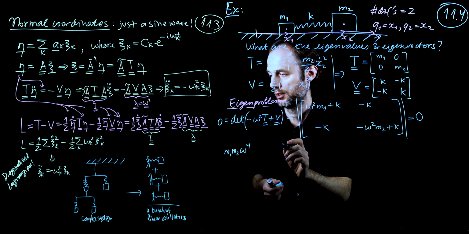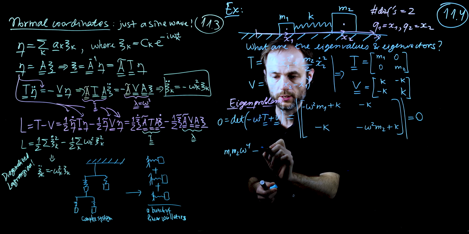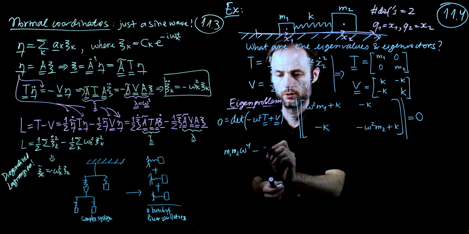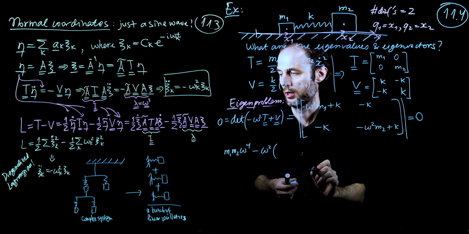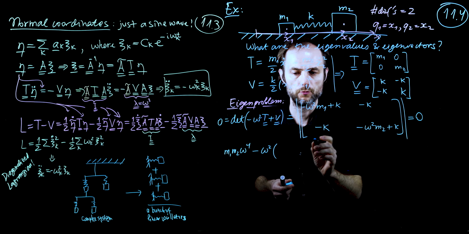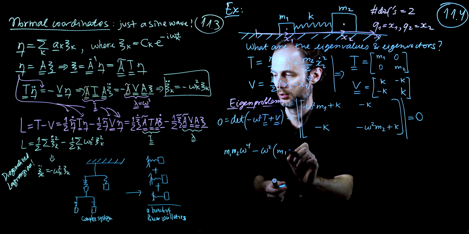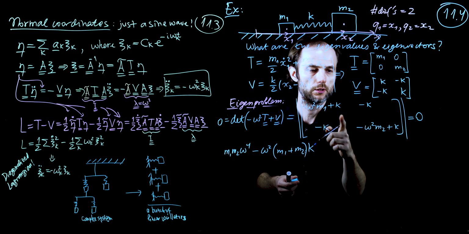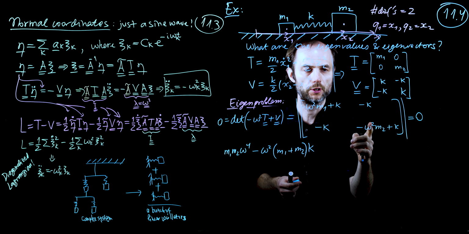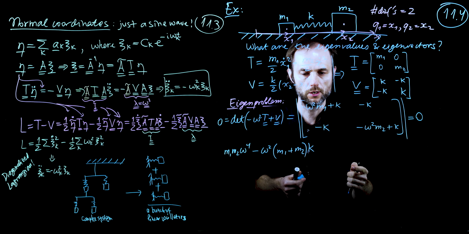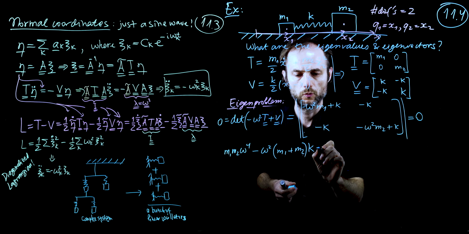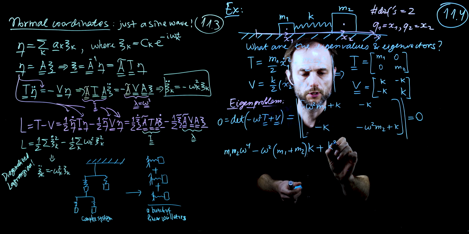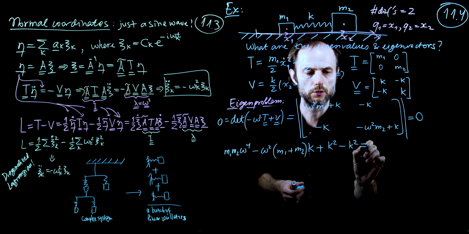Then there will be minus omega squared times m1 m2 with a plus, and that will be multiplied by k. And there will also be a term plus k squared and minus k squared.